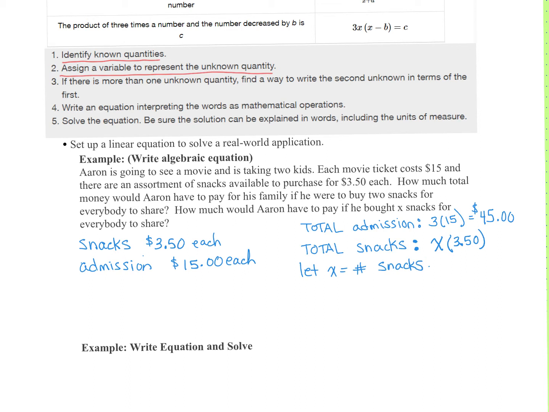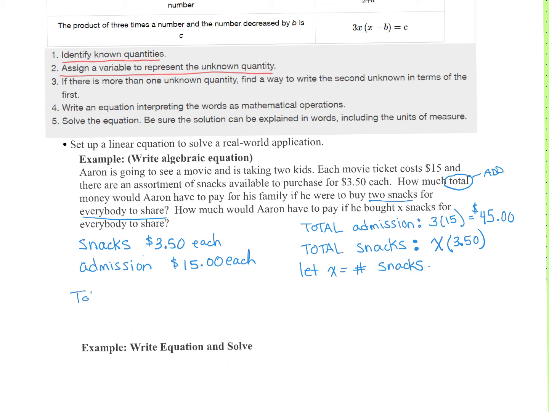So here's that word total. How much total? So we're going to add these things up. And the first question is, how much would he have to pay if there were 2 snacks for everybody to share?